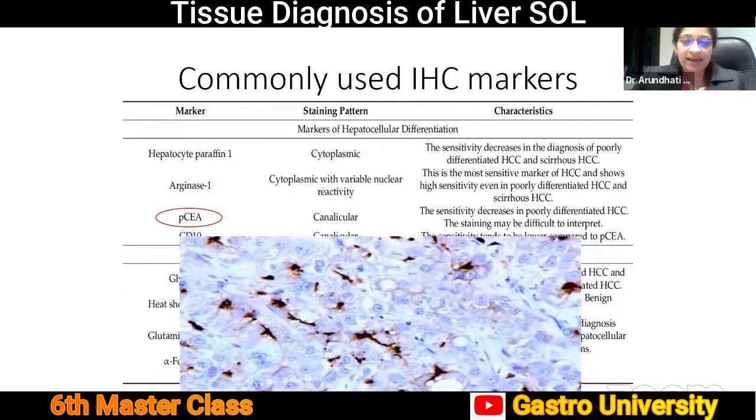Polyclonal CEA, again, it's a little difficult to interpret. As you can see, the staining pattern is entirely canalicular. So it's not really preferred by pathologists if you compare it with the other two markers.